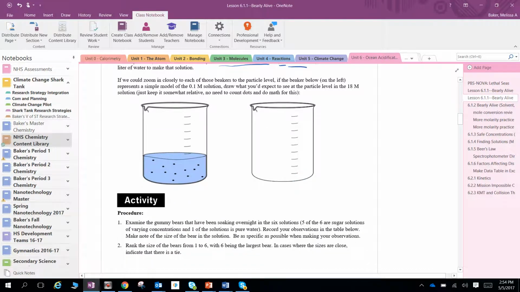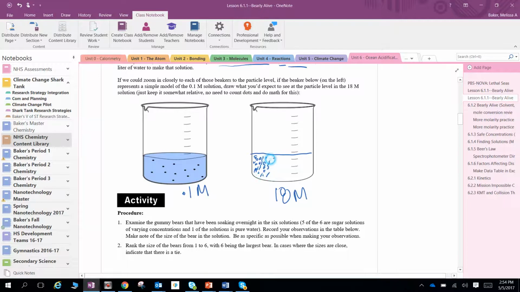So if we could zoom in really closely to see how many particles there are for a relative amount. So let's keep the amount the same. It says, what if this one on the left is the 0.1 molar solution, and on the right it wants you to draw the 18 molar solution? Well, this one is going to have a lot more solute packed in.